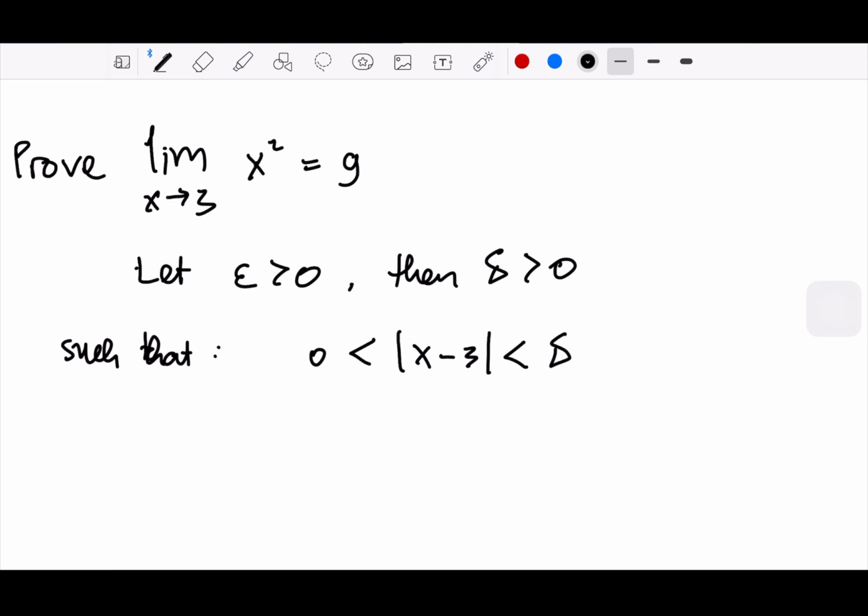First is the distance of x, which has a small distance delta, and then the function x squared minus 9, which is smaller than epsilon. Now we are going to find the relation between epsilon and delta.